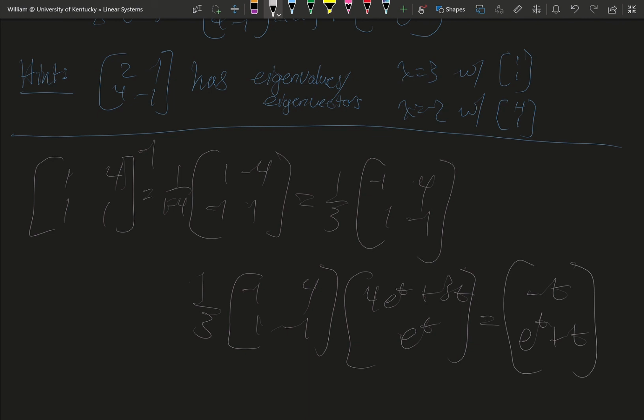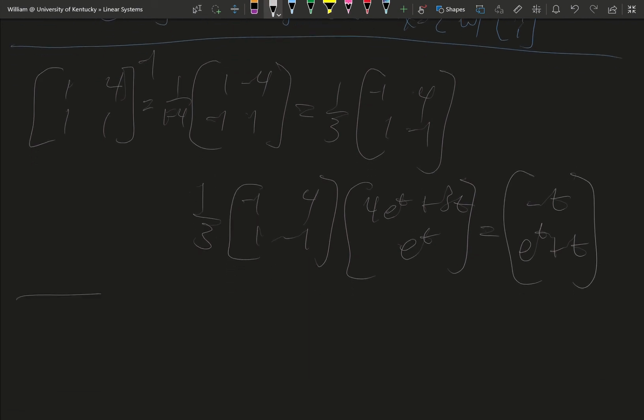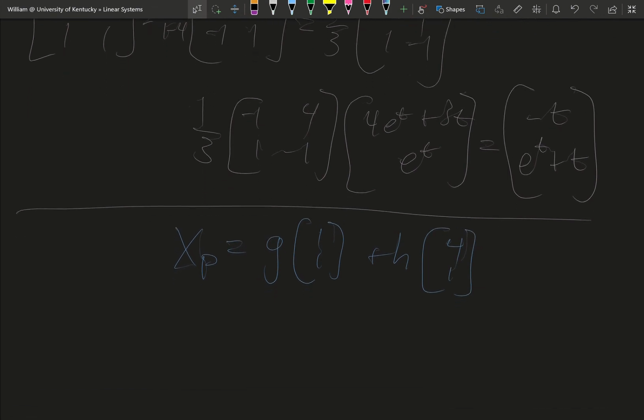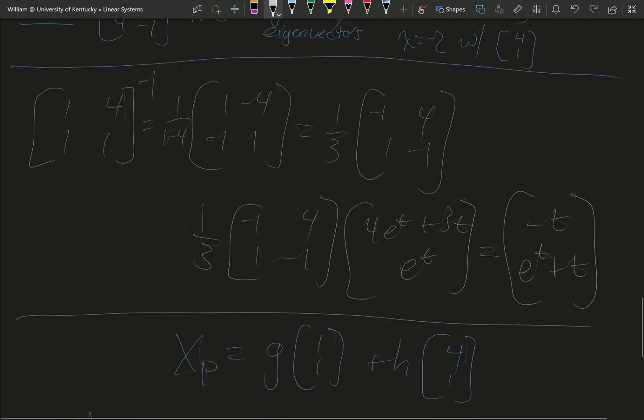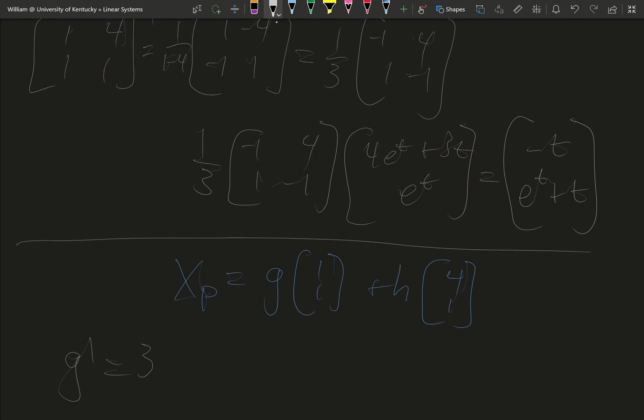So remember what we do next is set up our equation. I'll do xp equals g 1, 1 plus h 4, 1. We get our two equations. G prime equals the eigenvalue for 1, 1, which was 3, times g, and then plus this first coefficient there, minus t.